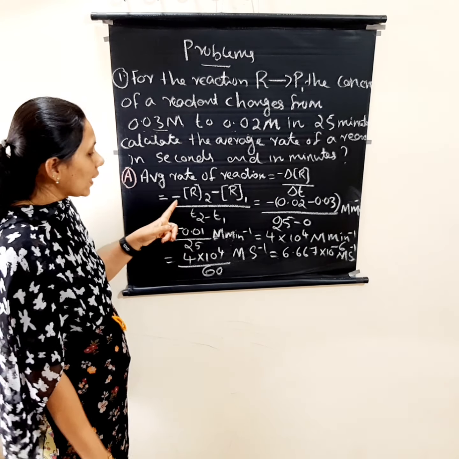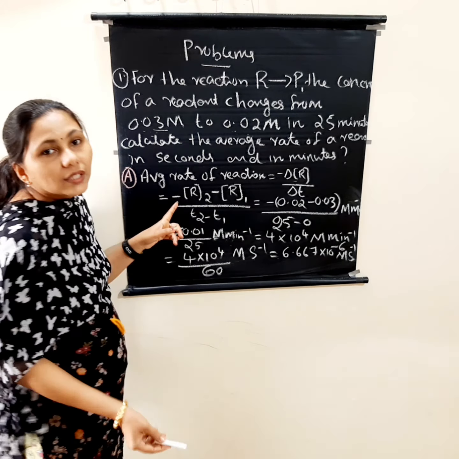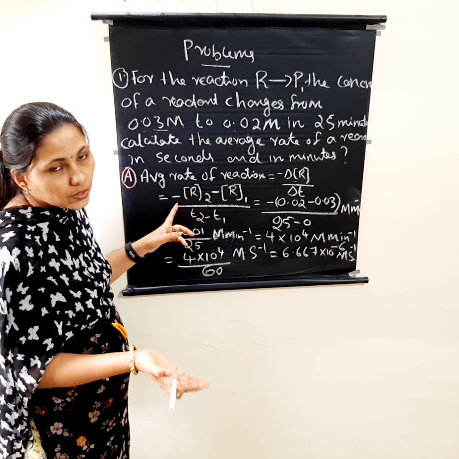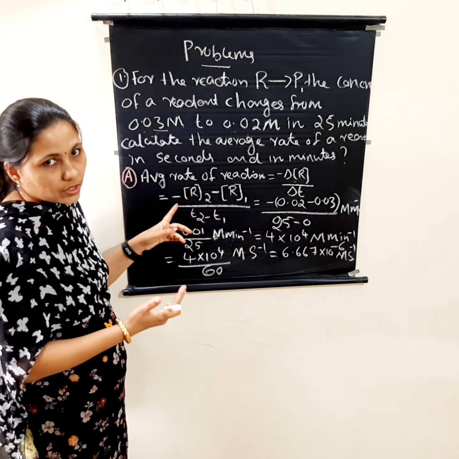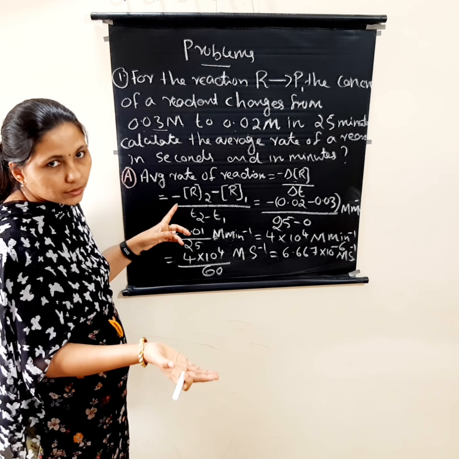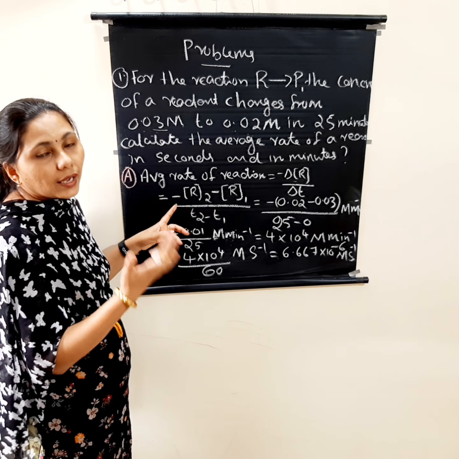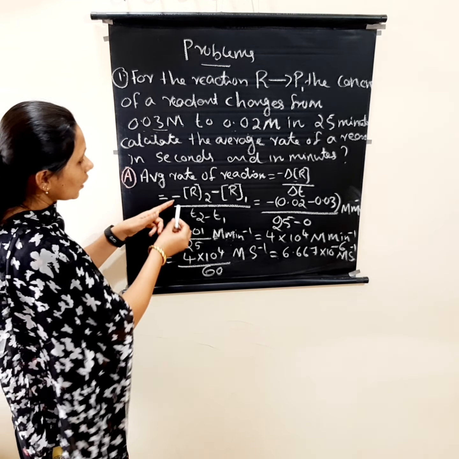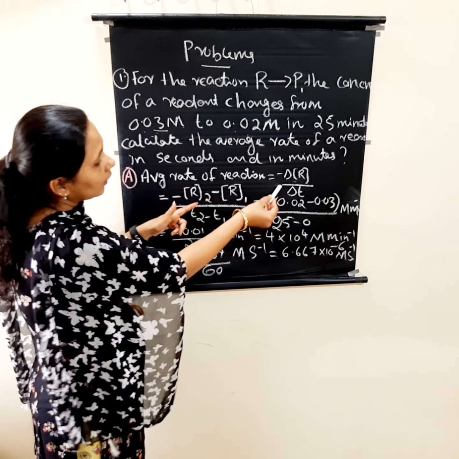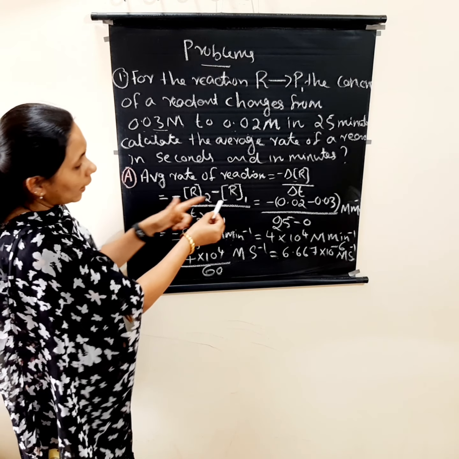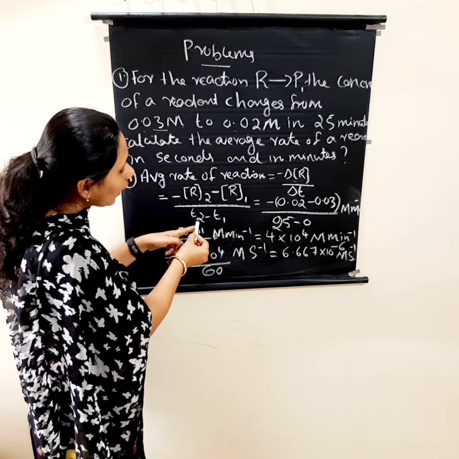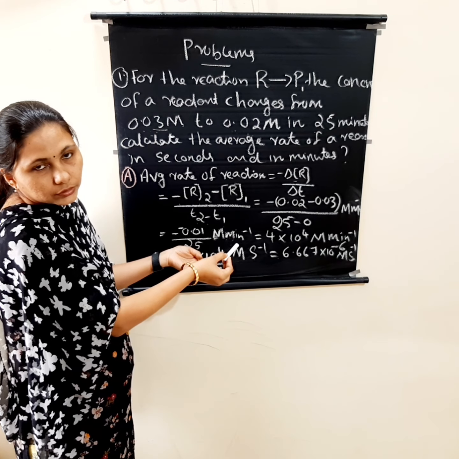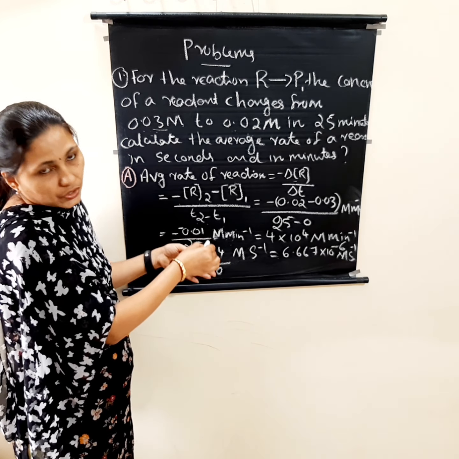So minus delta R means what? Change in concentration, that is the final concentration minus the initial concentration, at time T2 and at time T1. So we can write delta R as R2 minus R1, divided by T2 minus T1. Delta T means what? Final time minus initial time.